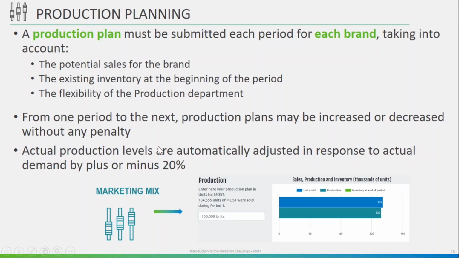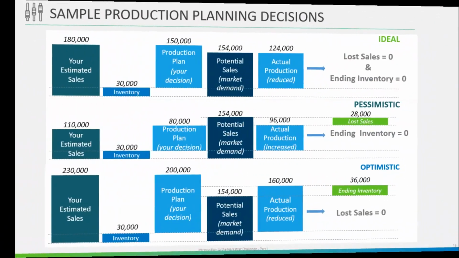There's also this plus or minus 20% production adjustment. So if you overshoot or undershoot, the system will automatically adjust you up to plus or minus 20% of the number you input here to help you prevent having too many left over, or also to prevent selling out.